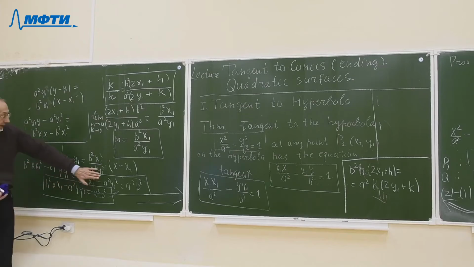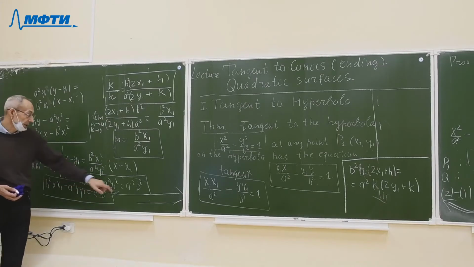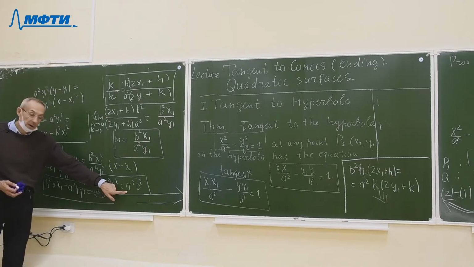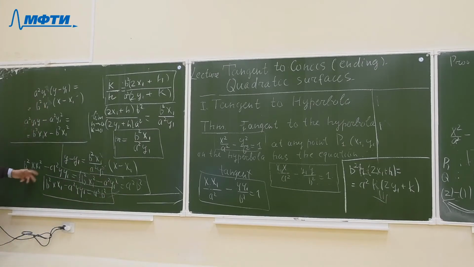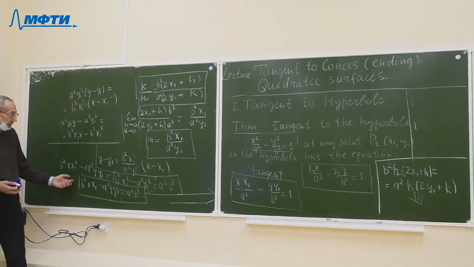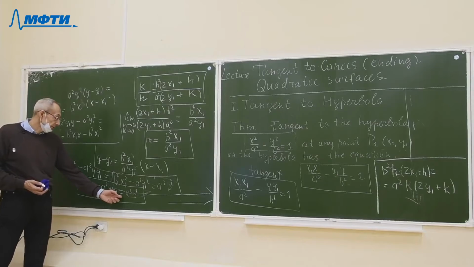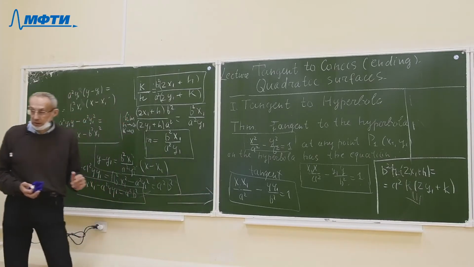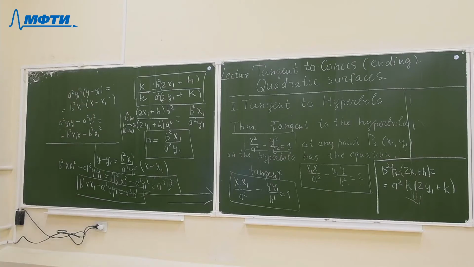And we change this expression by this, a squared b squared. And after this substitution, we obtain the formula for the straight line, which is the tangent straight line.